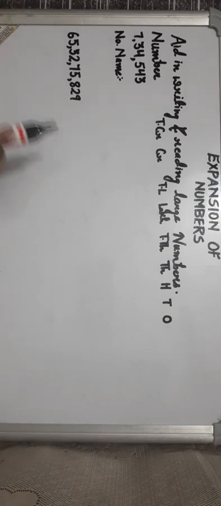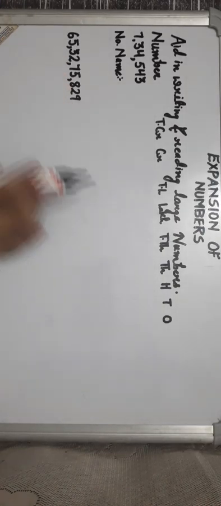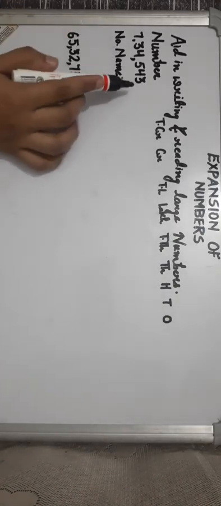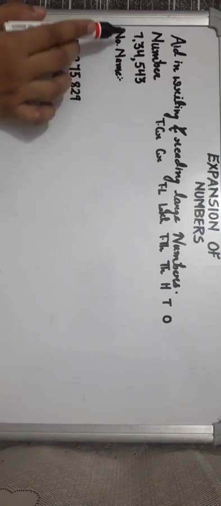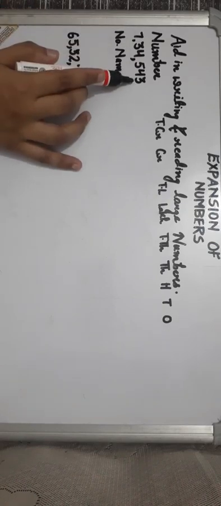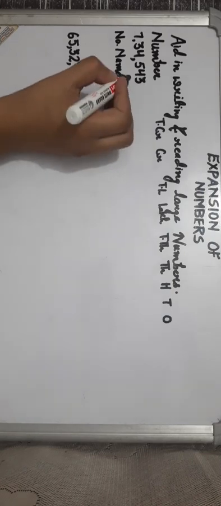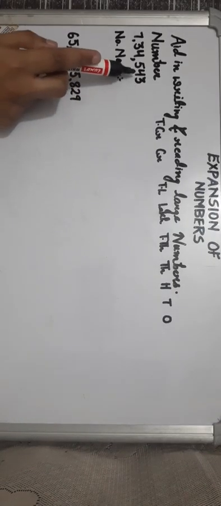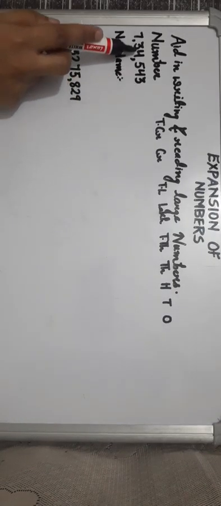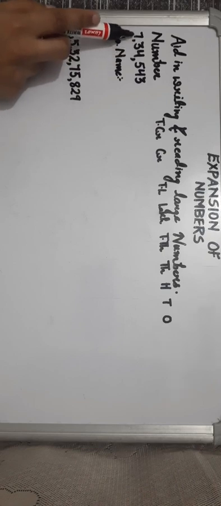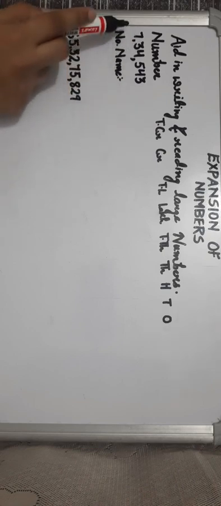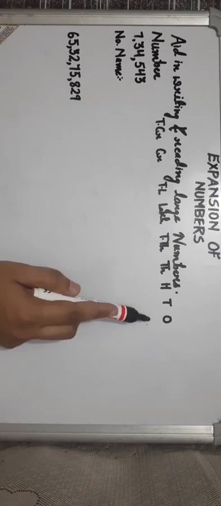Let's first arrange these in this table. You already know this: the 3 here is at ones place, ones, tens, 100, 1000, 10,000, lakh.